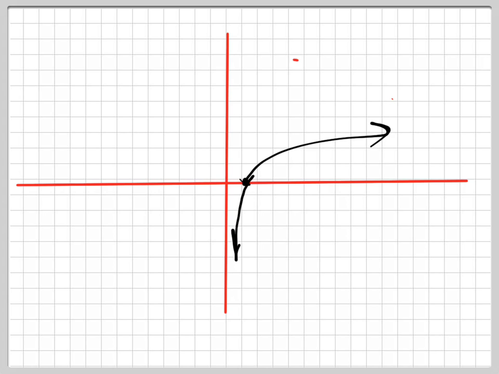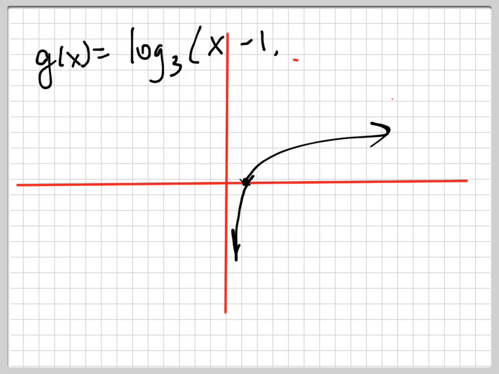If I have, let's say, g of x equals log base 3 of x minus 1, that 3, by the way, and that 2, it's kind of like 2 to the x and 3 to the x. Those graphs aren't very different. They're just one steeper than the other. It doesn't change where it goes through the x-axis, and it doesn't change your asymptote. It just changes your steepness.